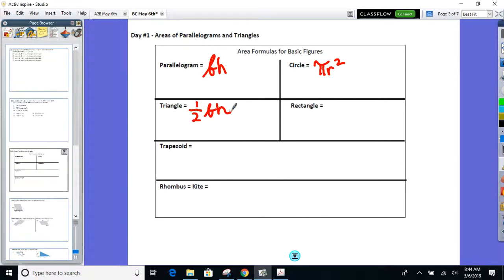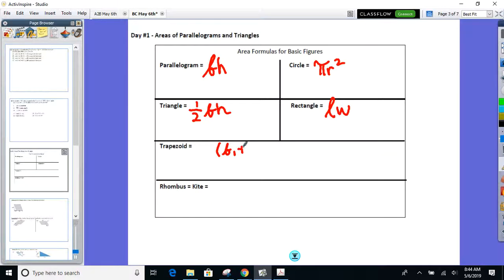Rectangle, length times width, base times height, however you remember it. Yep. Oh, trapezoid, good luck. It has something to do with the bases because there's this pair of parallel bases. You add the bases together.